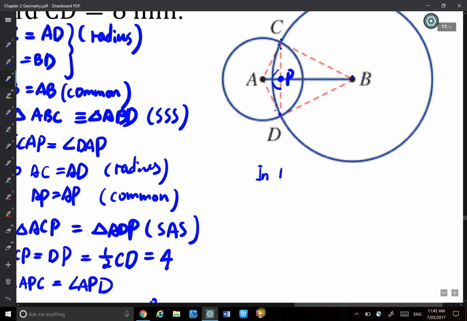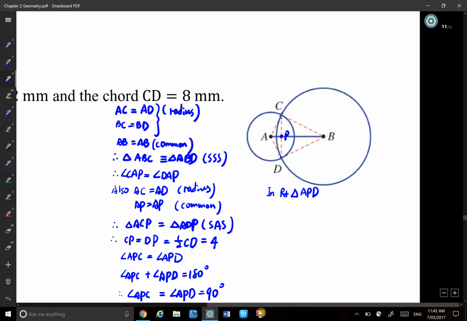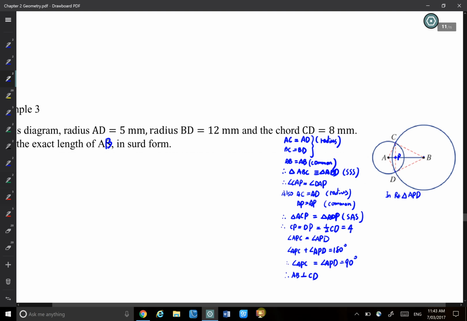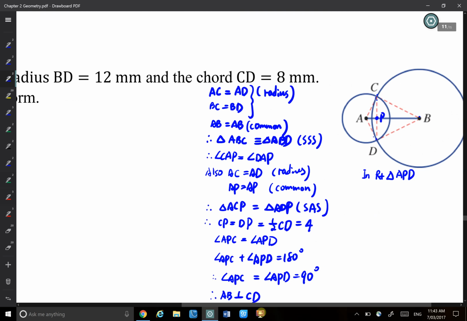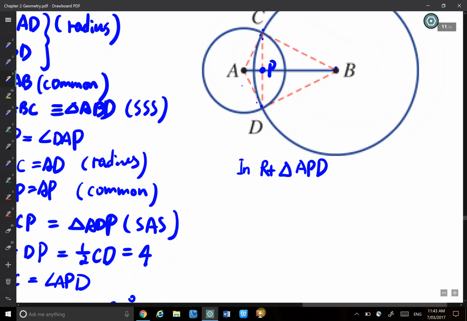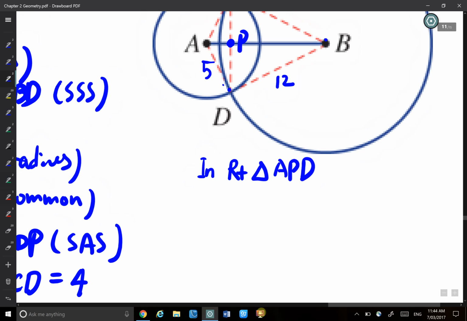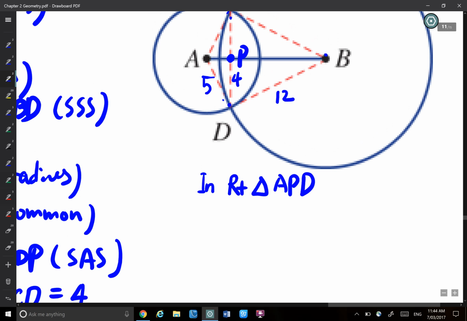In right angle triangle APD, you have the information AD equals 5, and PD is 4.